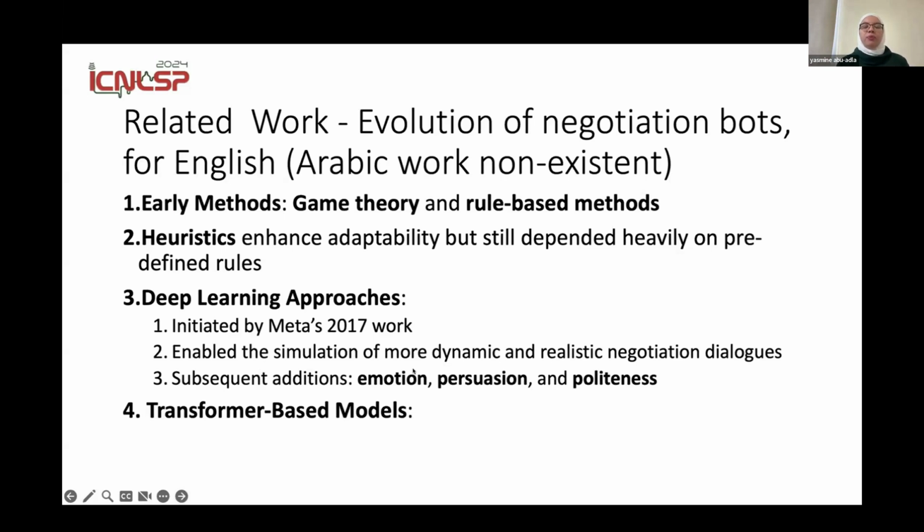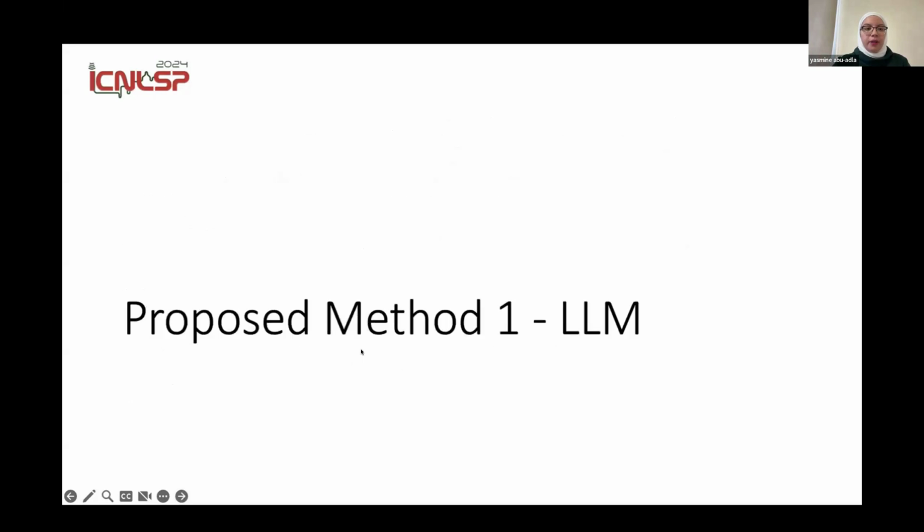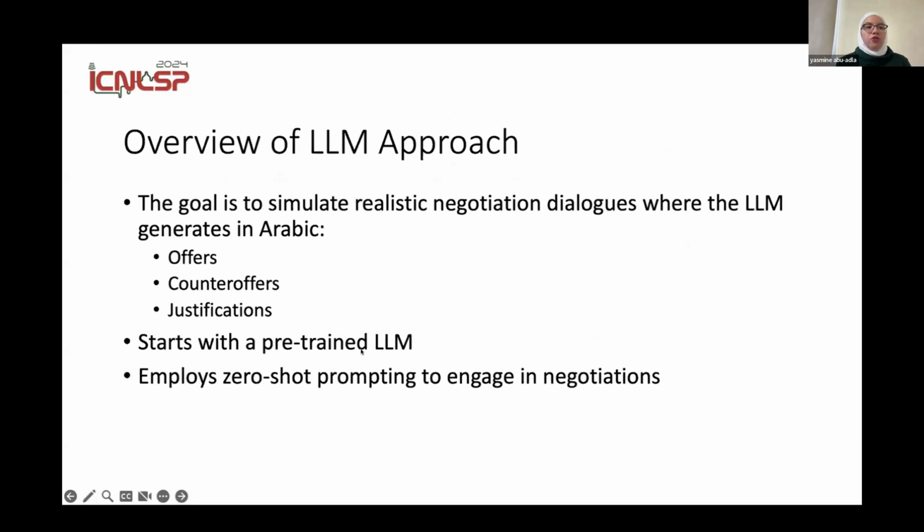It added emotion, persuasion, and politeness to the aspect of negotiation. And finally, we have these very popular transformer-based models. We're talking about GPT, Claude, BERT, and much more.